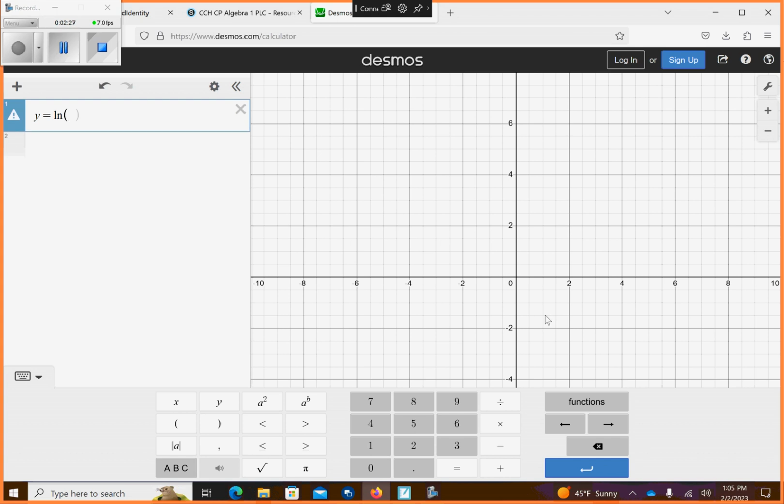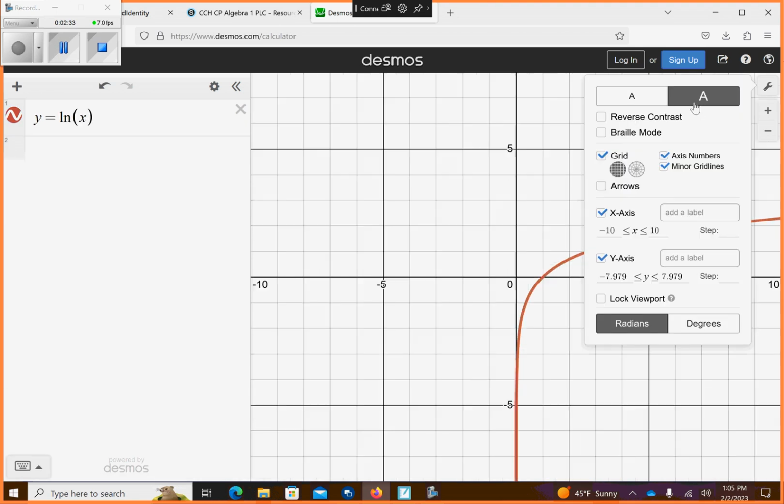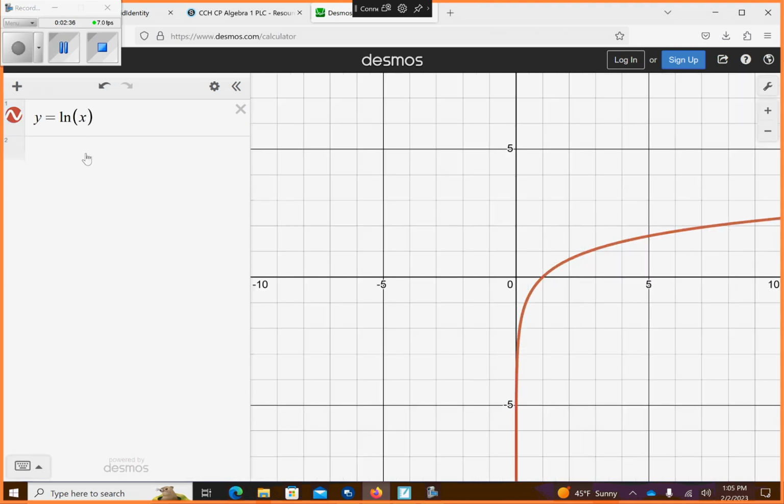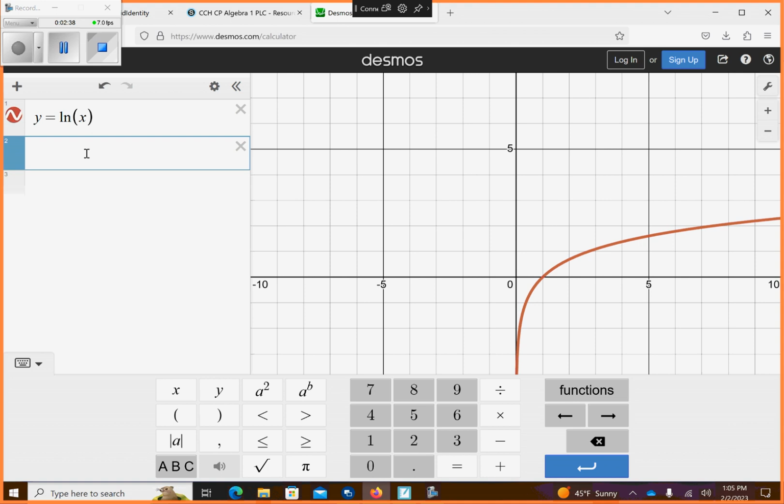So we have natural log of x, which is that red equation. We'll make this a little darker so it looks fancier. And then I'm going to do the other side as well. So y is equal to negative quantity x minus 5 squared plus 4.